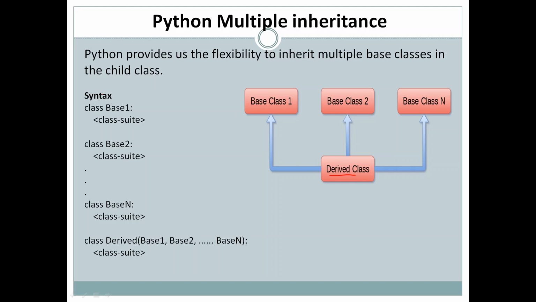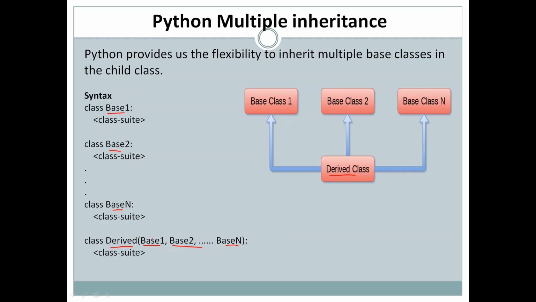Okay, the syntax of this multiple inheritance is given here. That is class BaseClass1, then we have BaseClass2, same way we may have any number of base classes, BaseClassN, and we may declare a child class, a derived class, and this derived class is inheriting from BaseClass1, BaseClass2, then BaseClassN.